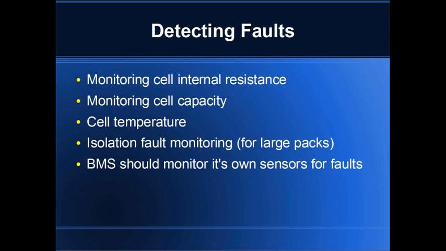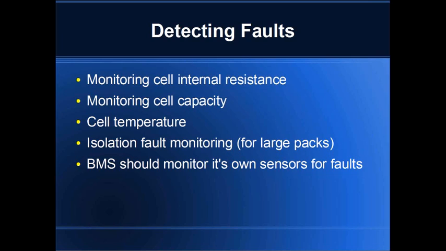Cell temperature is another indication. You can monitor temperature. This is a more difficult one. If you see cells in the battery pack that are significantly hotter than other cells, you know that something is going on, because it's either going to be resistance at a bus bar connection between cells that's gone high resistance or corroded, or whatever the case may be, or the internal resistance of the cell is generating more heat.